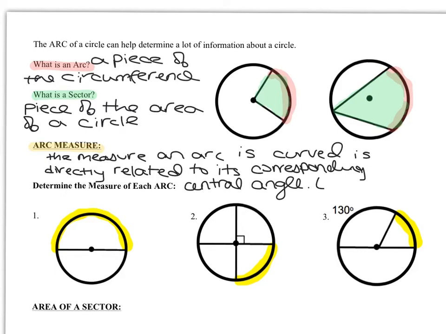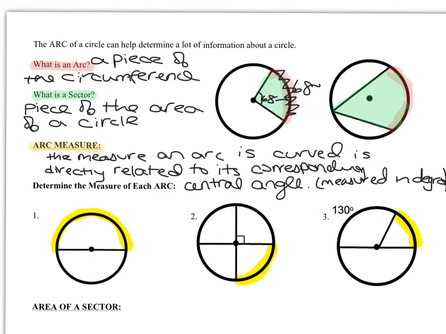Arc measures are always measured in degrees. So if my central angle here were 68 degrees, it corresponds to this arc, which means this arc here measures 68 degrees.